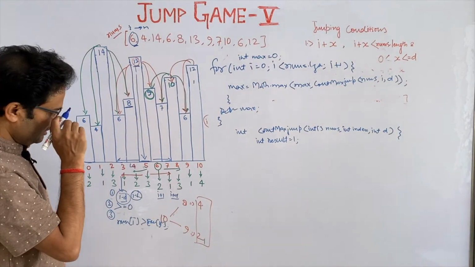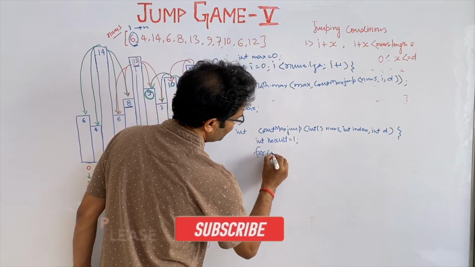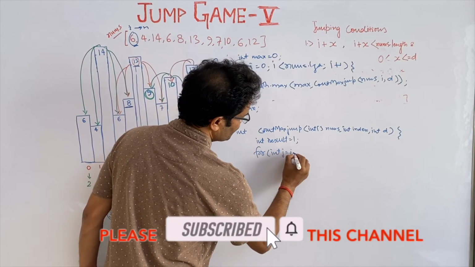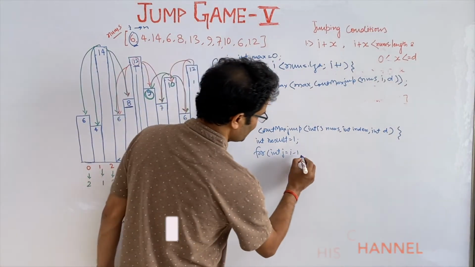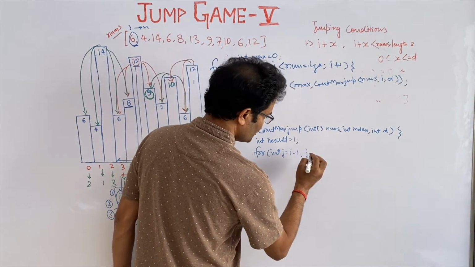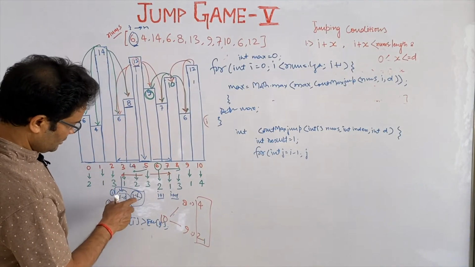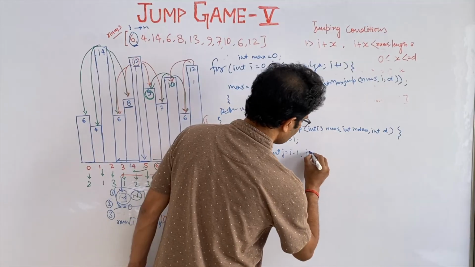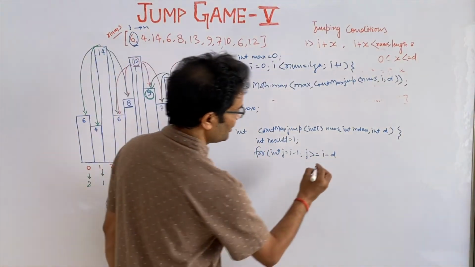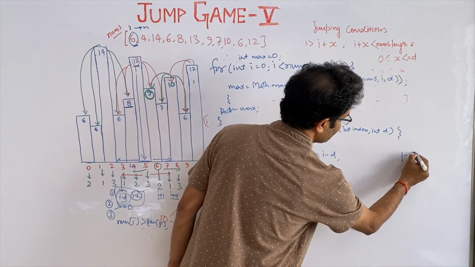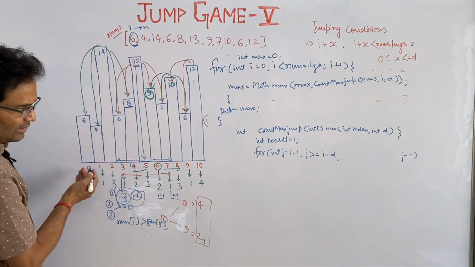Let me explain here. So first run that loop from here to here. So that for loop, j is equal to, start from I minus 1, it will go to I minus d, comma, the j value should be greater than or equal to I minus d, okay, and we will do the j minus minus because I am coming from here to here, reducing one step, right?